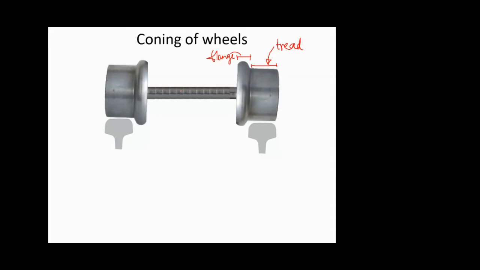Now, in the first figure that I am showing, the radius, if you see, is the same throughout the tread of the wheel. Suppose this is the central axis that I marked for this axle and wheel assembly.